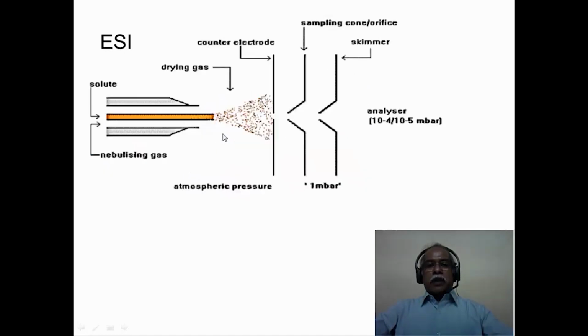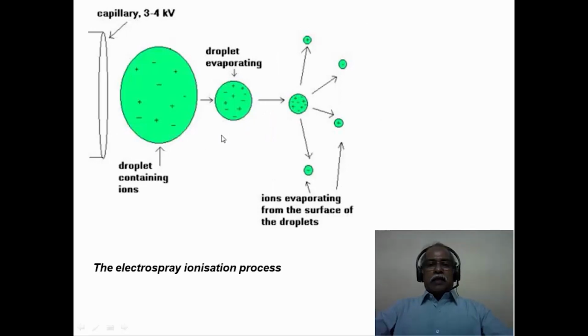This cartoonic representation essentially gives the idea that this is the sprayer head, which is kept at a voltage of about 3000 to 4000 volts or so, and this is the dimension of a spray. It's actually a small droplet that is found, consisting of the ions which are already in the form of ionized sample, but in the solvent surrounding them.